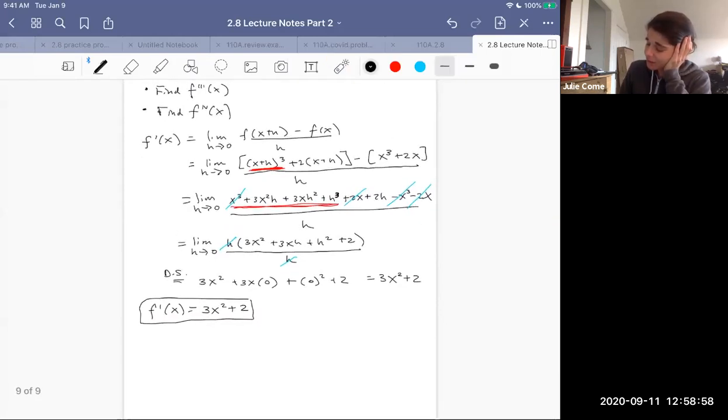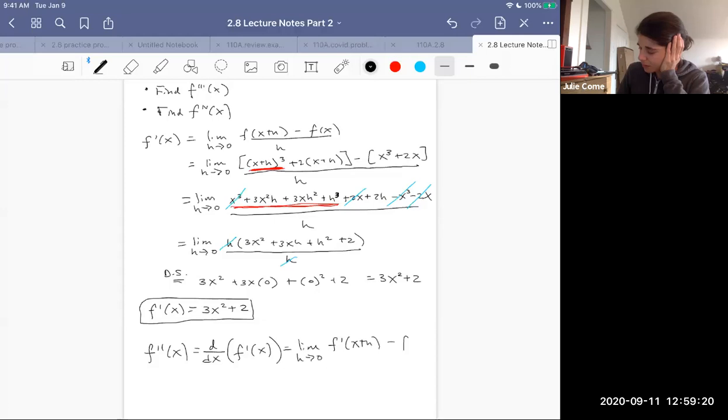Well, f double prime of x is equal to the derivative with respect to x of f prime of x, which means I want to take the limit as h goes to 0 of f prime of x plus h minus f prime of x all over h.